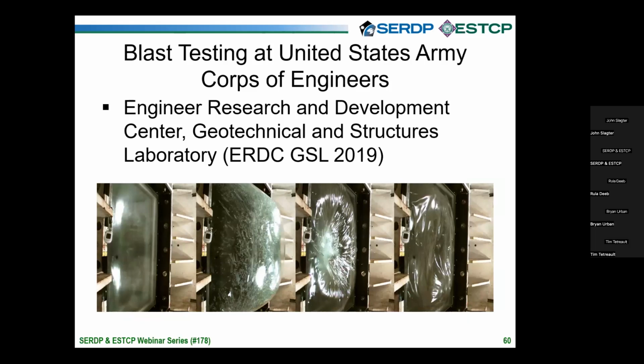Here they had a double pane glass window, and we put a double pane WEMS unit over top of it, and they set off a blast force on the outside, and it shattered the glass, and the glass came in and got trapped by the film and then got sent back outside. So in these tests, none of the glass came inside the room, which was really quite exciting for us when we saw that happen.